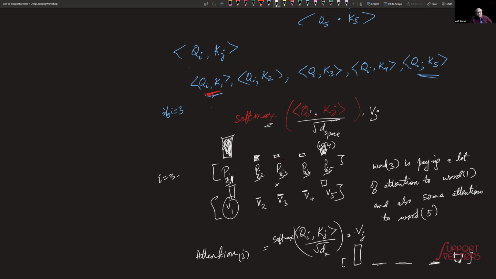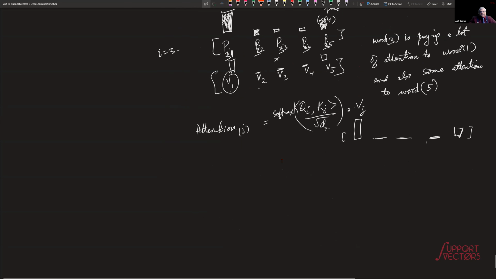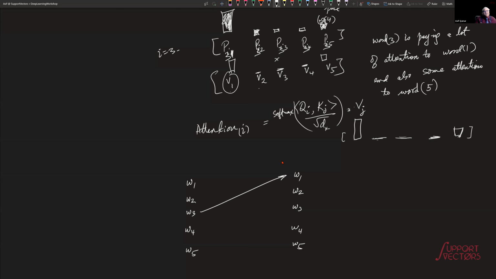So the way you would represent it is that, suppose I have word 1, word 2, word 3, word 4, word 5, and then word 1, word 2, word 3, word 4, word 5. You would say that the third word is paying a lot of attention to this, right? And then it is paying a little bit of attention to this.